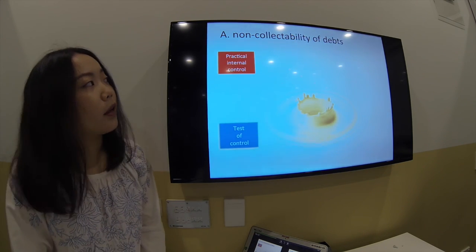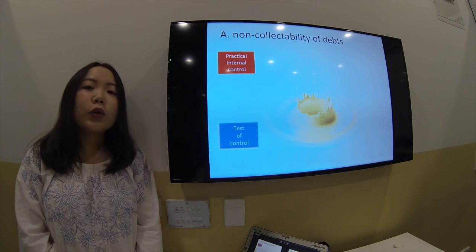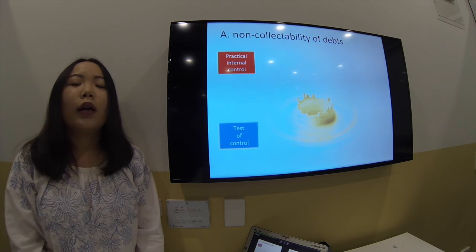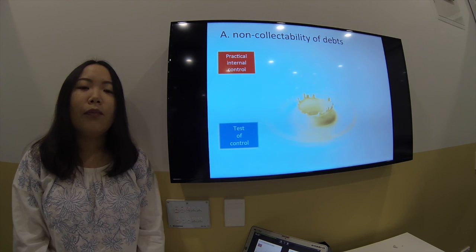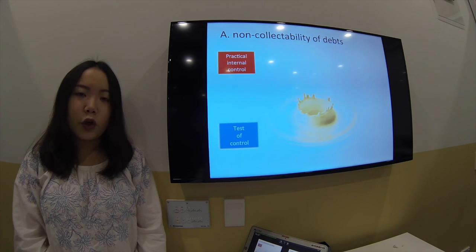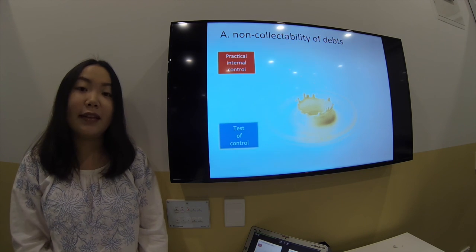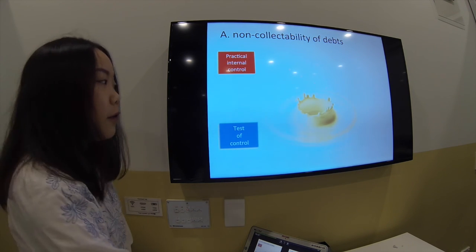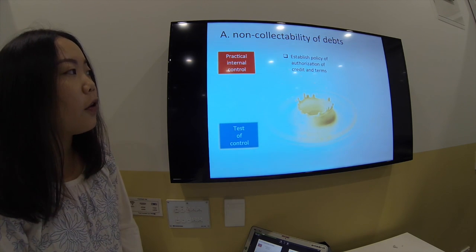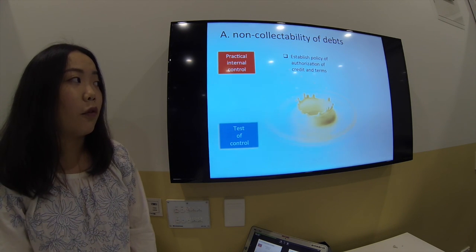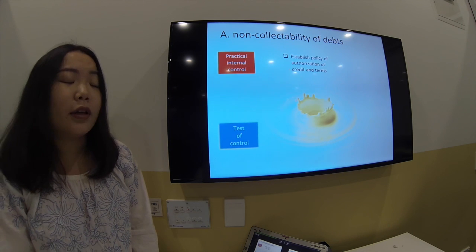For risk A, non-collectability of debts, we usually call them bad debts as well, in order to avoid or prevent them from happening again, both preventive control and detective control should be used. The first internal control I can think of is establishing a policy of authorization of credit and terms.